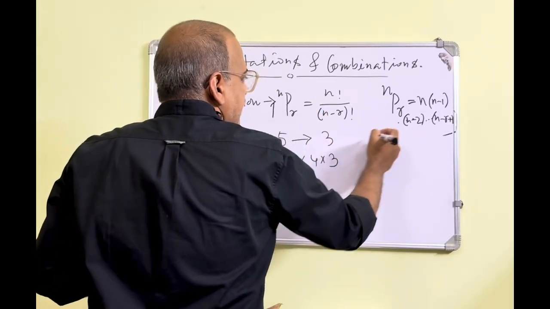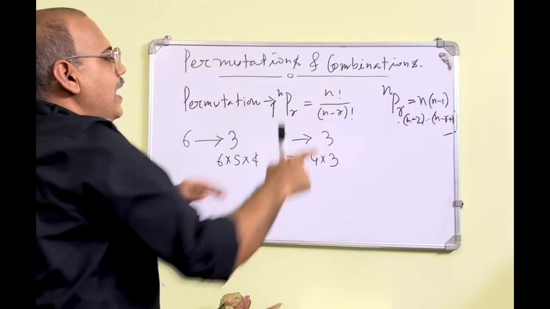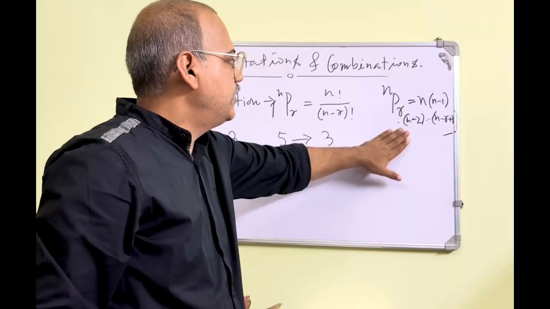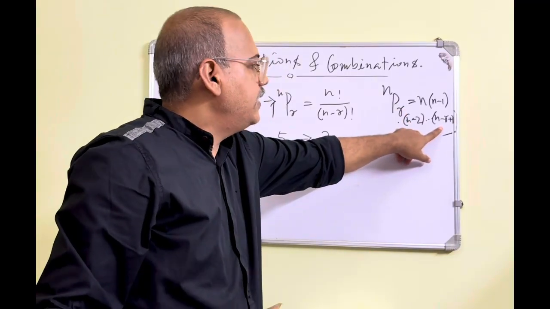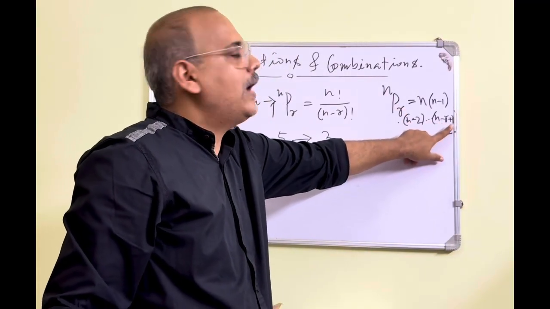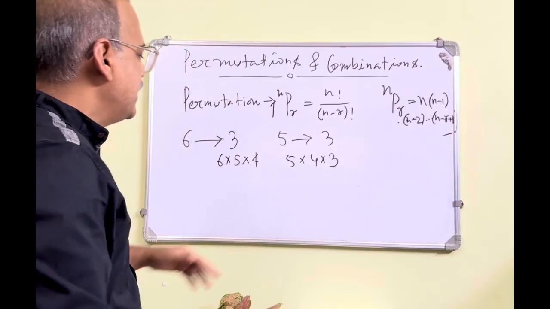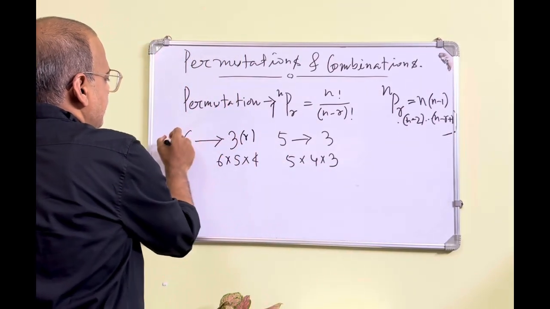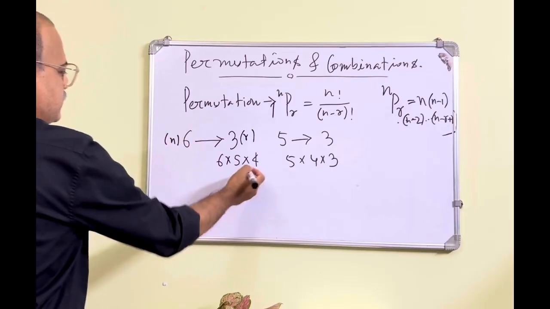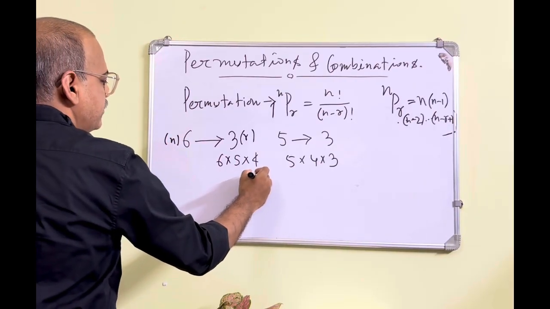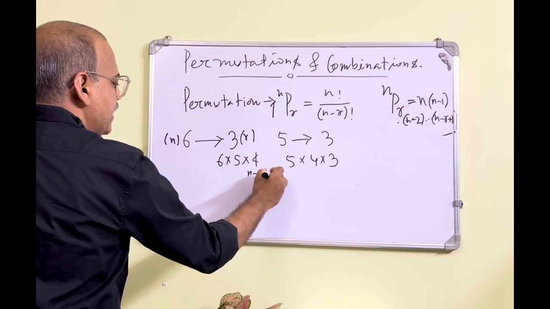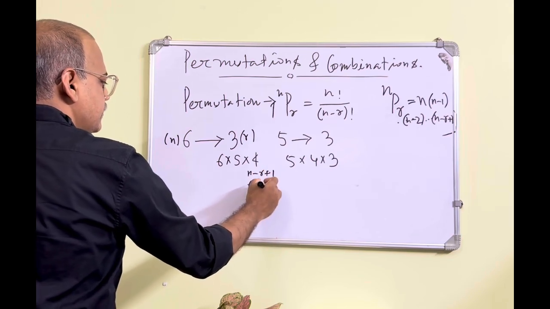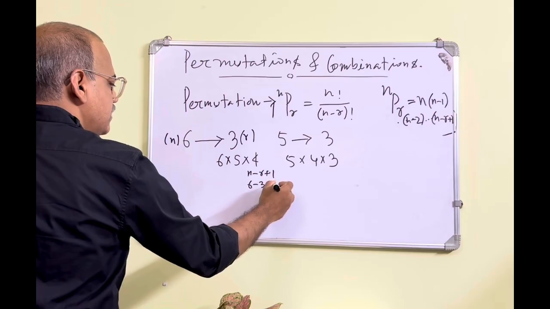Here, I need to choose r from n distinct letters, so it will definitely go to n minus r plus 1. Just think through. What is r here? r is 3, n is 6 here. If I do n minus r plus 1, it has to be 6 minus 3 plus 1, which is 4.